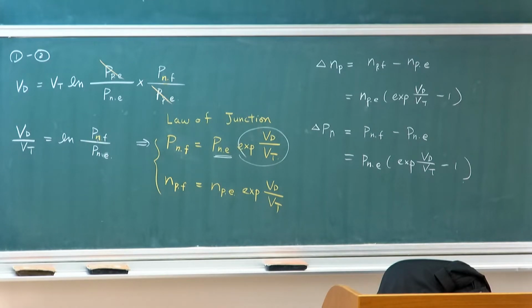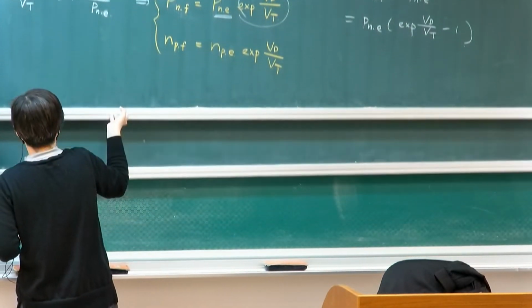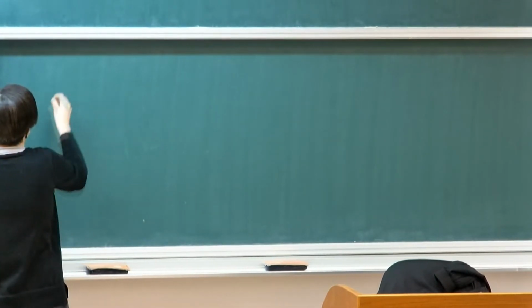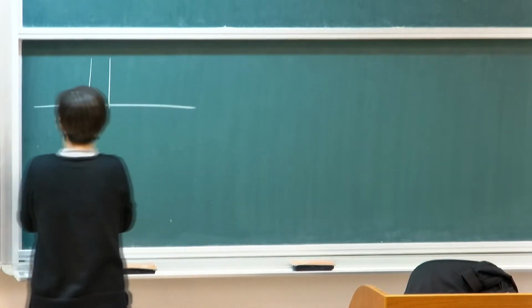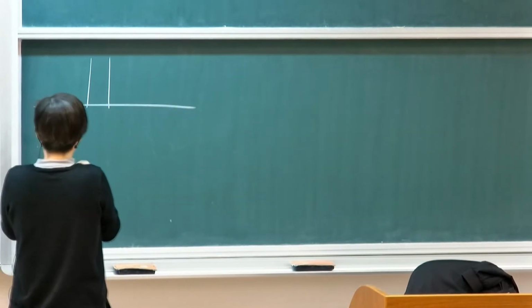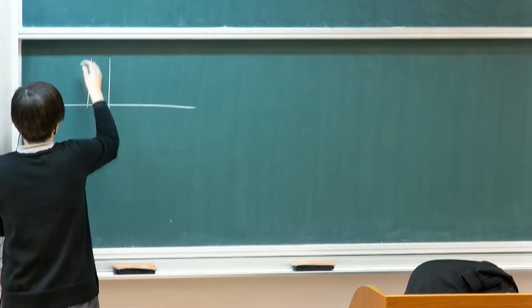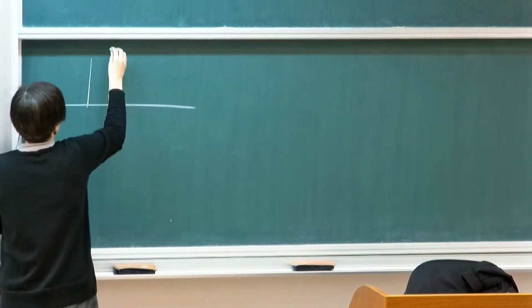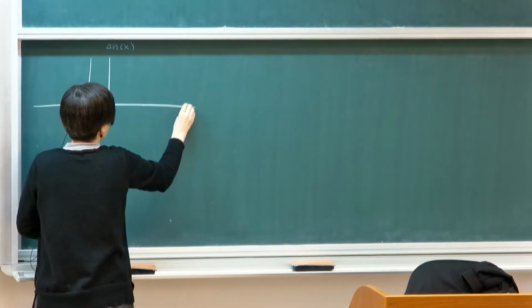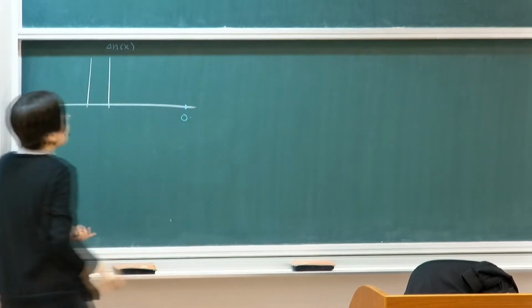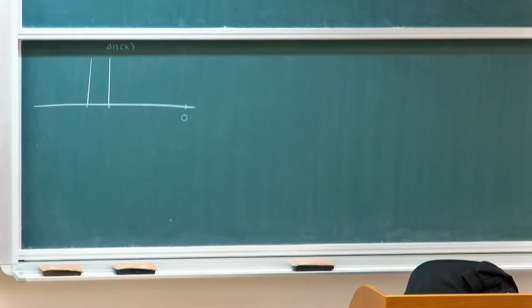If I'm defining this by a triangle, I'm simply going to use a triangle, but let me explain. Let's say I already know my electron excess minority concentration. If I plot delta n as a function of x, we know that at a particular point it reduces to 0 because it returns to its normal value.